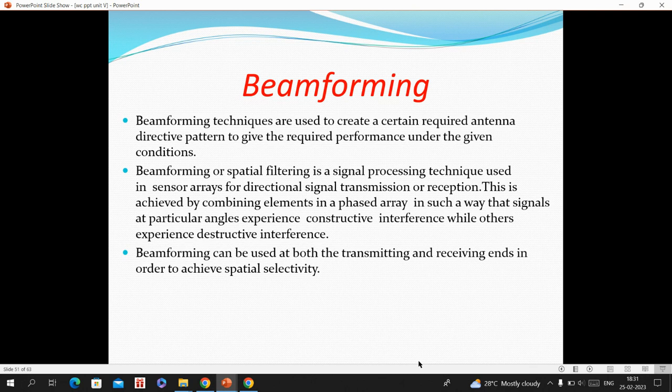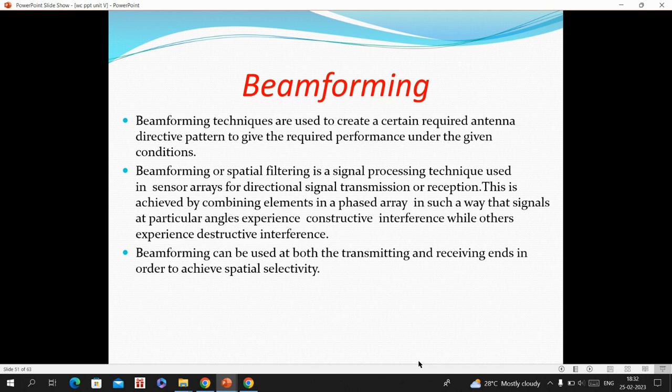By adjusting the phase shifter and attenuator at the transmitting end, that is, the phase and attenuation of the signal, we can create constructive interference, so that the signal reaches only that user alone, and the remaining area does not receive the signal. This is the concept of beamforming.